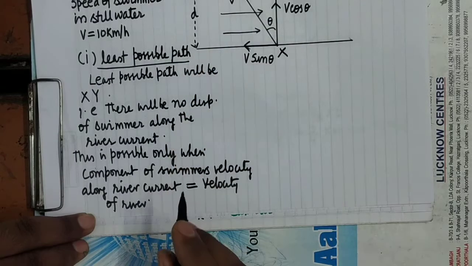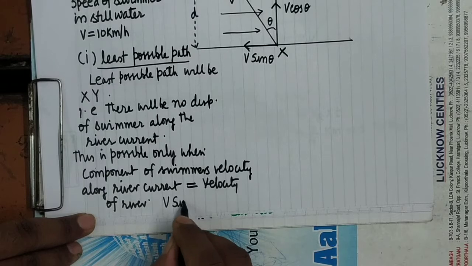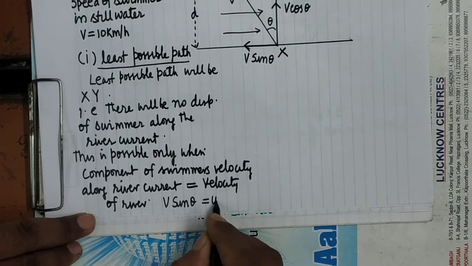Because they are already opposite, they will cancel out, and v sin theta equals u.